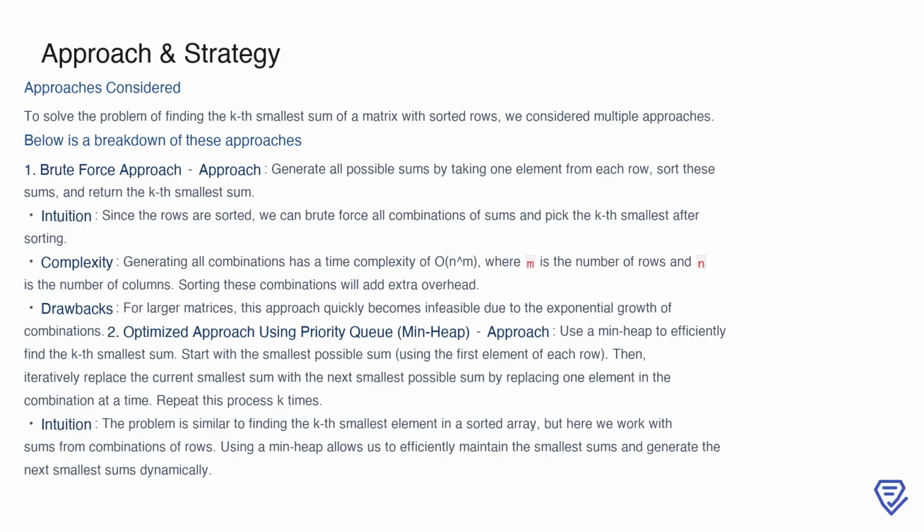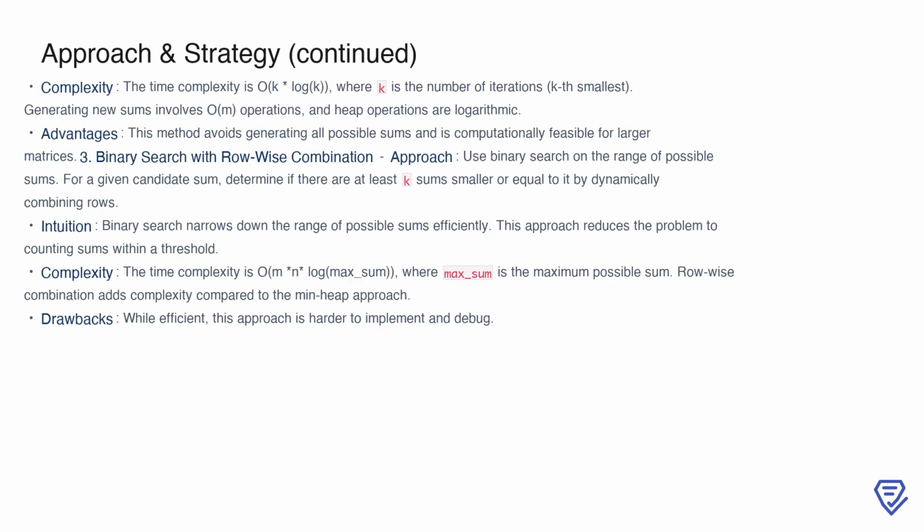The intuition here is that using a min-heap systematically generates sums in ascending order, similar to finding the kth smallest element in a sorted array, but applied to combinations of rows instead. The time complexity of the min-heap approach is O(k log k). This accounts for k iterations, where generating new sums involves m operations and heap manipulations are logarithmic.